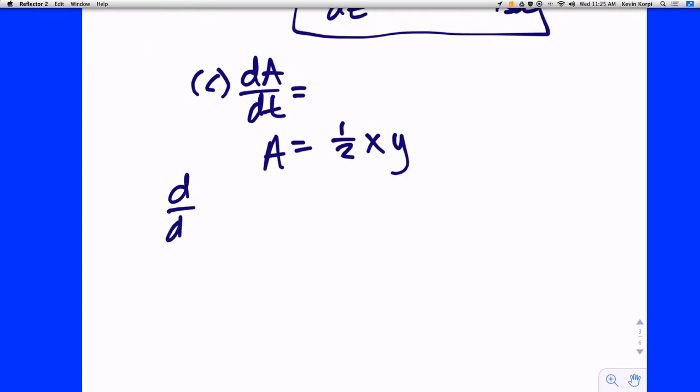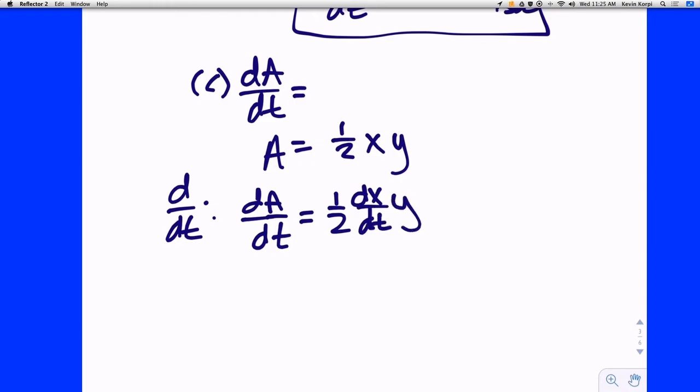So the derivative with respect to time would be dA/dt on the left. And over here we get 1/2 dx/dt times y plus 1/2 x times dy/dt. Now, there's a lot of information in there. But it's solved. It's nice that it's solved explicitly for the one that we want.